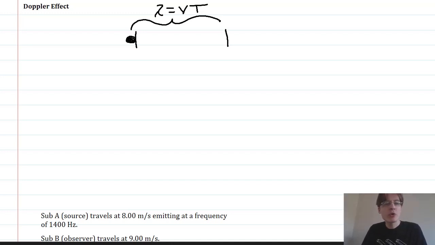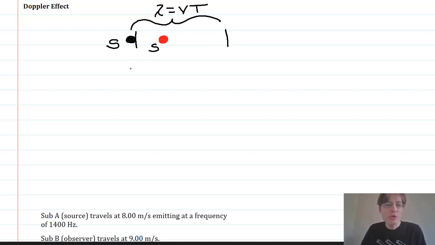Now, this is S, the source. If the source is in motion, then the next wave that comes out is not emitted from that point. The next wave that comes out is going to be when the source has moved over here, slightly to the right.